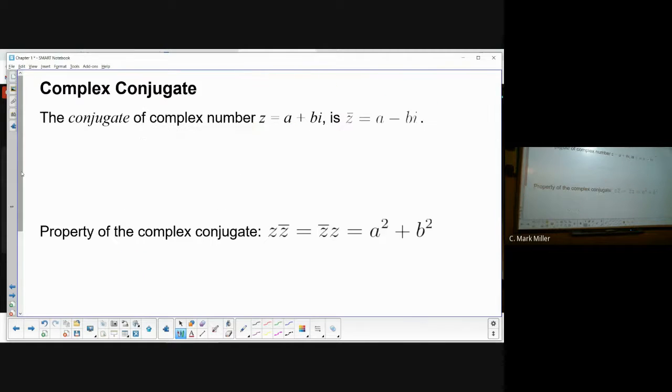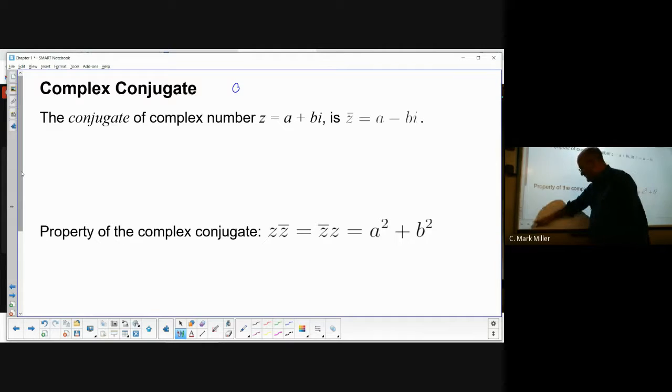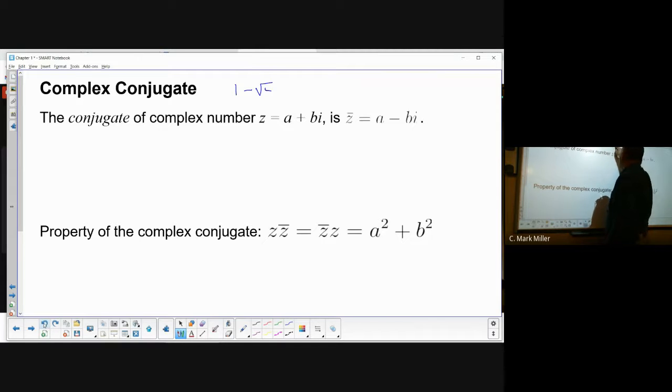All right, well, let's work with this. Actually, before we do, we have to talk about the conjugate. Now, you've had conjugates before. You should have had stuff like, if you had 1 minus square root of 5, you learned that its conjugate was 1 plus square root of 5.